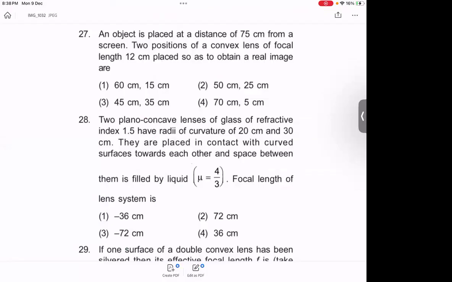and another one more data is given, right? Two positions of the convex lens of focal length 12 centimeter placed. The distance between the two positions is given, that is 12 centimeter.